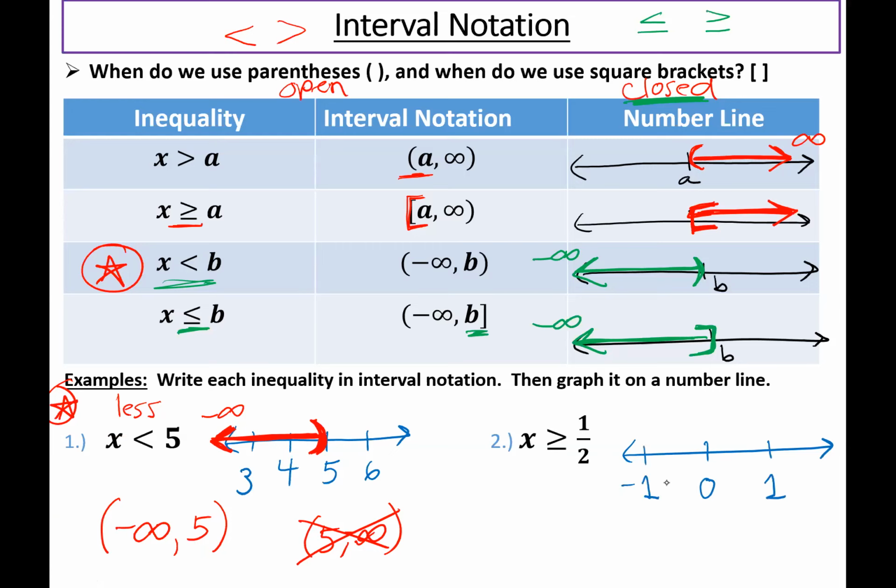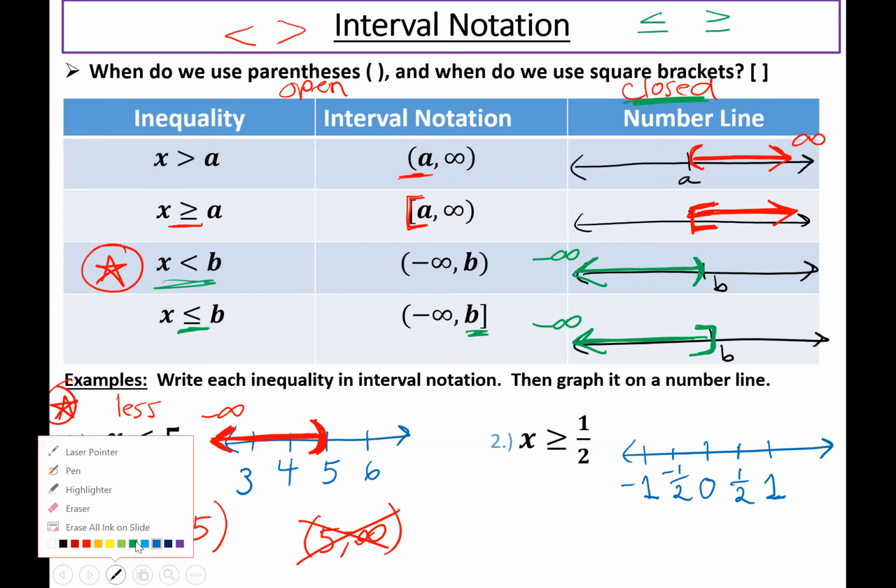I'll just put 0 and then 1 on the right and -1 on the left. 1/2 would be right between 0 and 1. Okay, and then here, I'll add a -1/2 between 0 and -1. So x is greater than or equal to 1/2. Okay, greater than means we're going to the right.